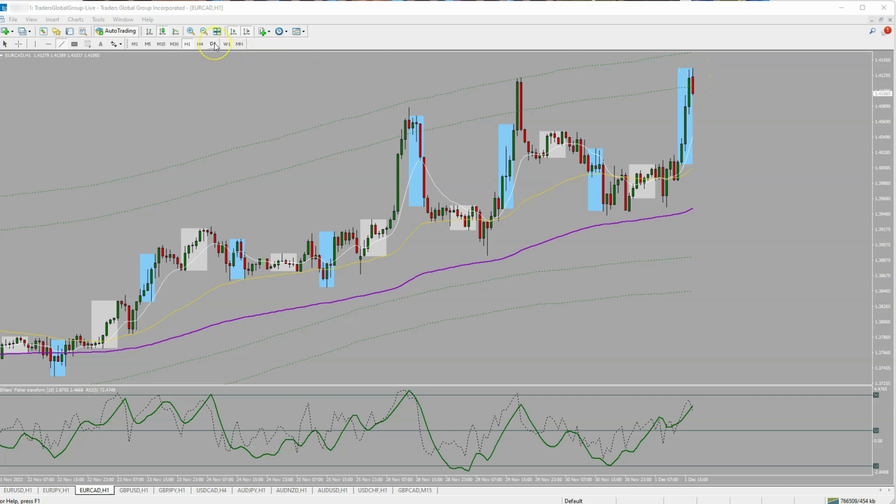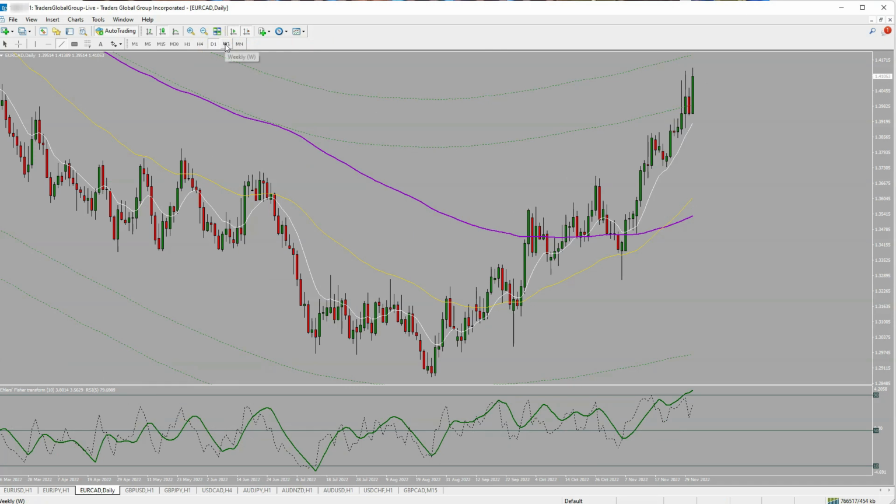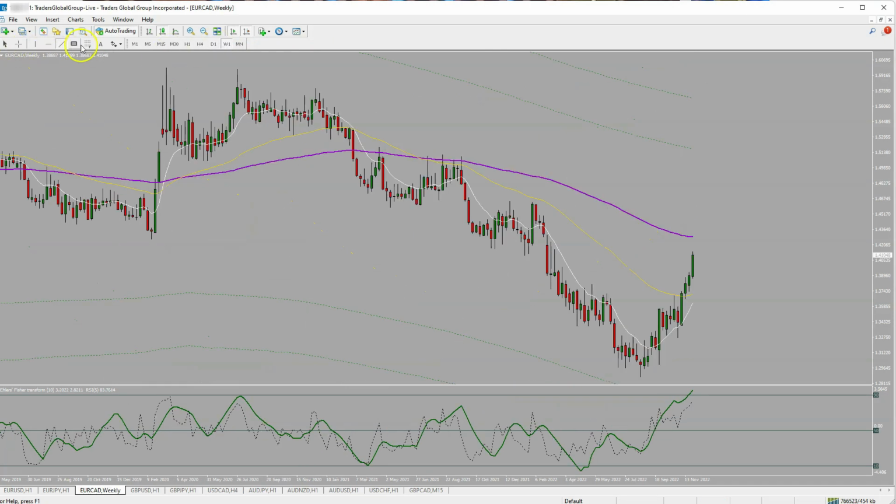Also, I don't go to the daily and the weekly that often, but if I go to the weekly chart, because it's just easiest to see, there's a major level of resistance right here. And where you see price came down and it threw a bunch of wicks in that resistance, it broke it. And now we're revisiting that same area. I'm sorry, it was support over here. It broke support. Now it's revisiting it as resistance.